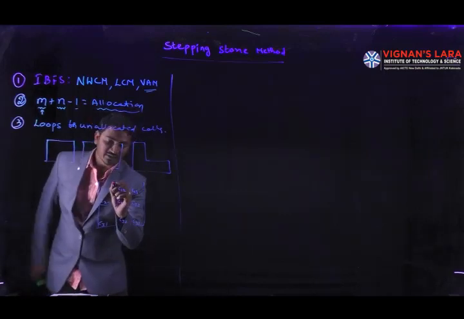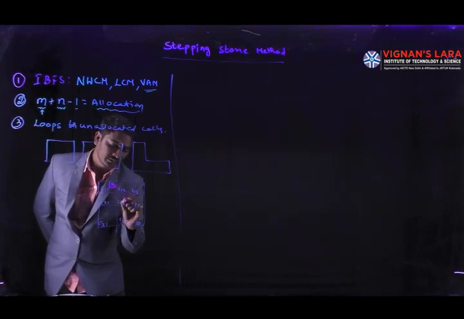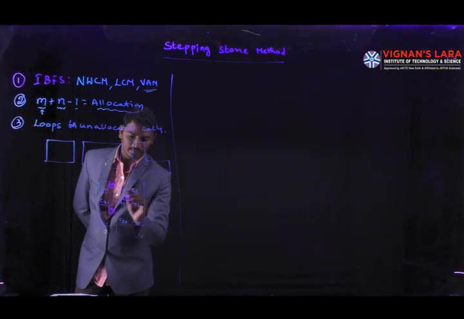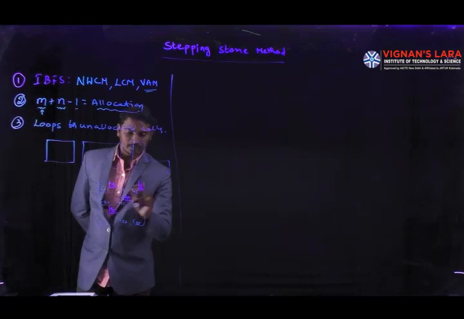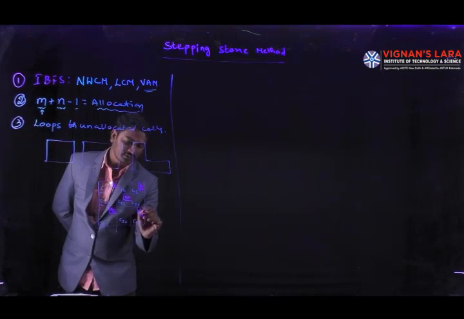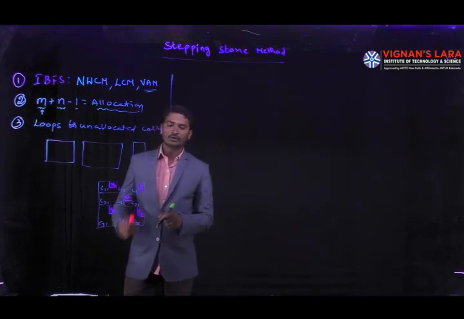Here we have allocations like x11, x22, x31, x13, and x33. Now we are going to draw the loops.